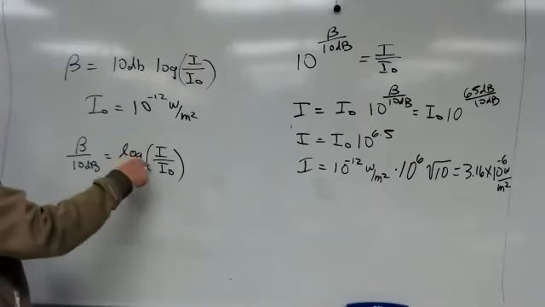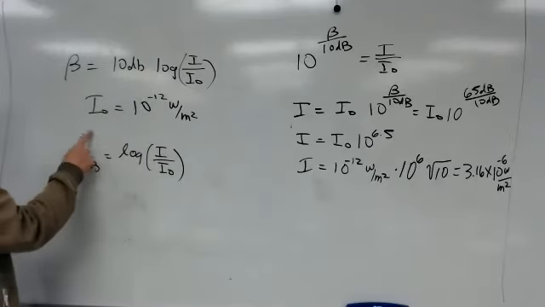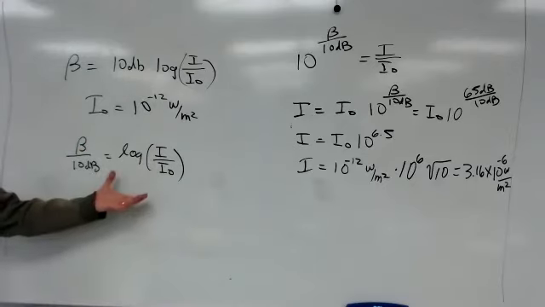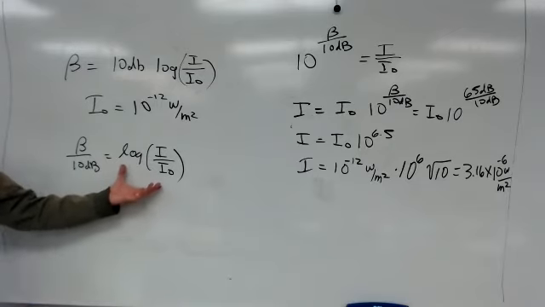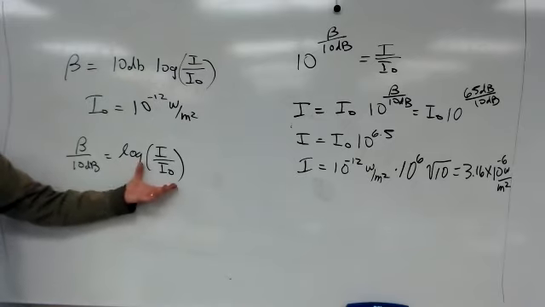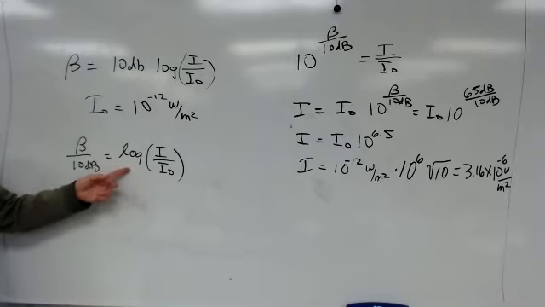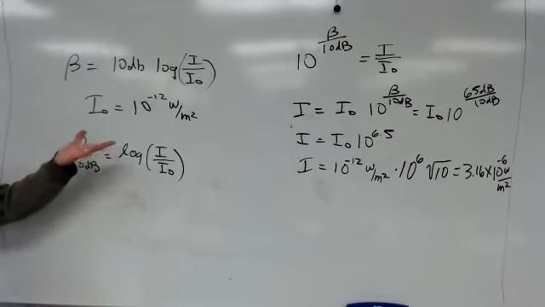I just want to get him by himself somehow. So I divide out the 10 decibels, and now I'm left with a log function. And the only way to undo a function is to apply an inverse function. If this is a sine of something, I'd have to take the inverse sine. Well, the way you invert a log is you take the exponent of it, you take 10 to the.